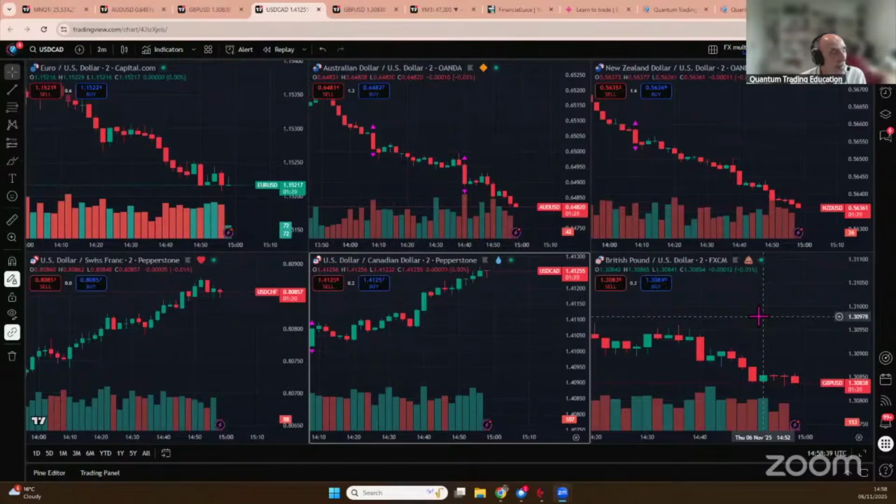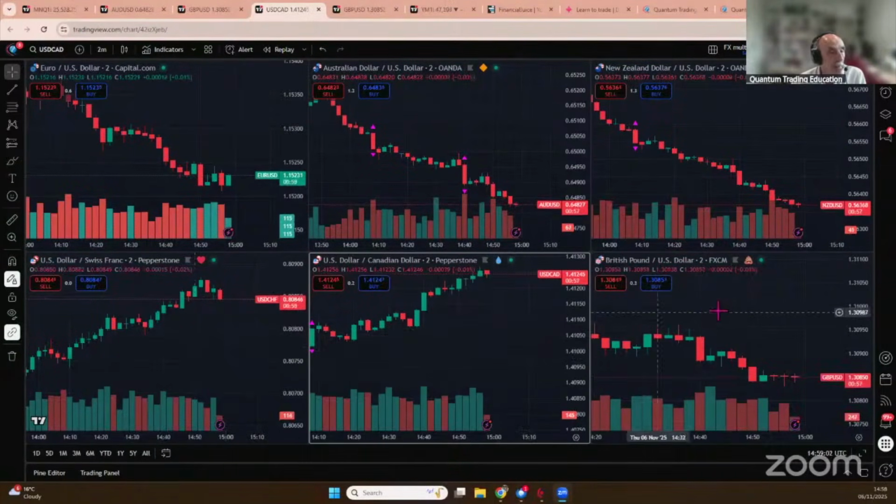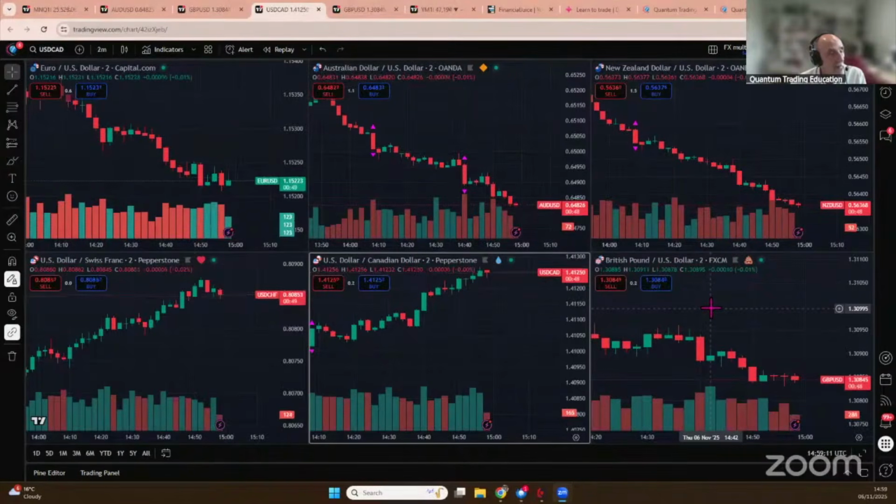Secondly, it tells you whether sentiment towards the dollar is the same across these major currency pairs, which clearly it is, because the dollar is being bought against euro, bought against Aussie, bought against New Zealand, and in the same way that the dollar is being bought here in the uptrends, because dollar is the primary currency, not the counter currency. So dollar Swiss is rising, dollar CAD is rising, and pound dollar is falling because the dollar is the counter currency. What that tells us is the market is currently buying the dollar on this time frame.